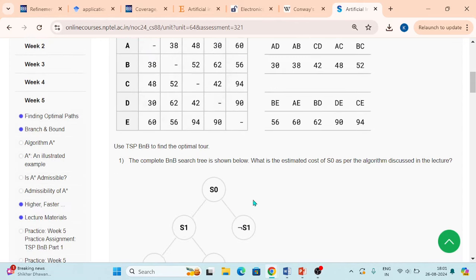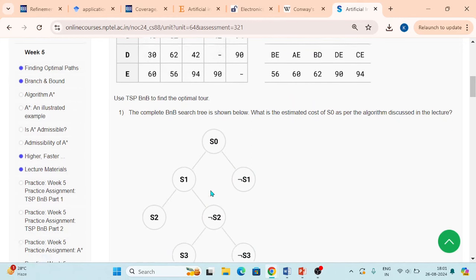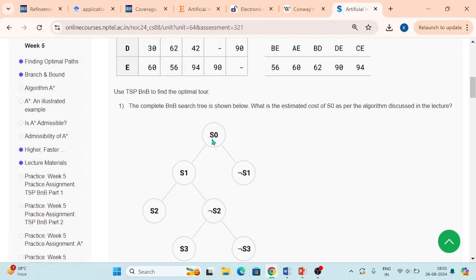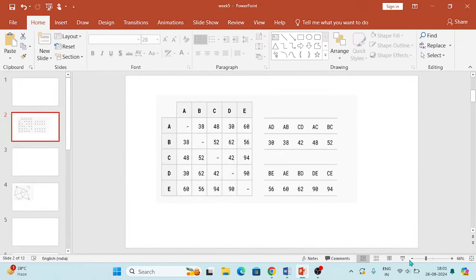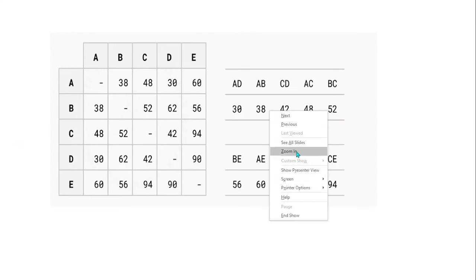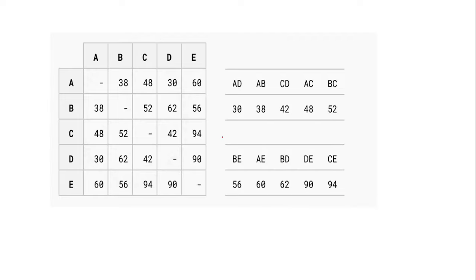First we need to calculate S naught. What we have to do is consider each and every row and take the two minimum values.